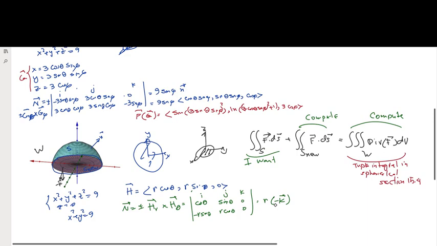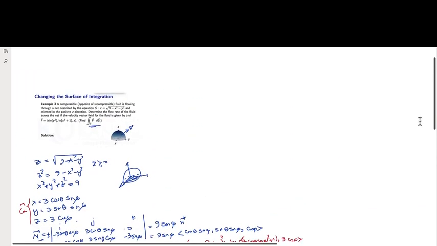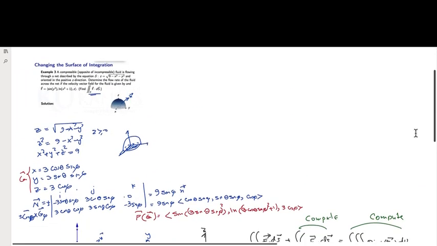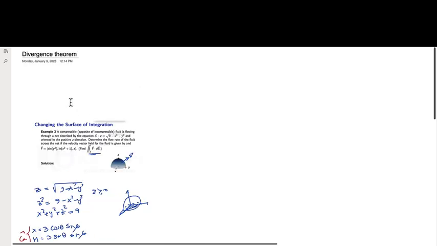So let's go back. I know I need to find f of h and then dot it with the capital N. Let's go back and figure out what f was. Because I'm dotting it with negative k, only the z value is important to me.